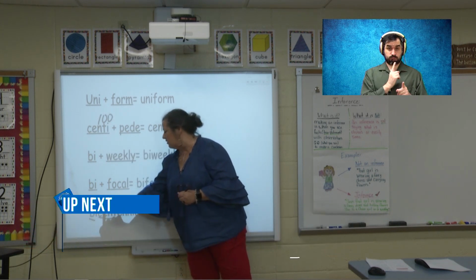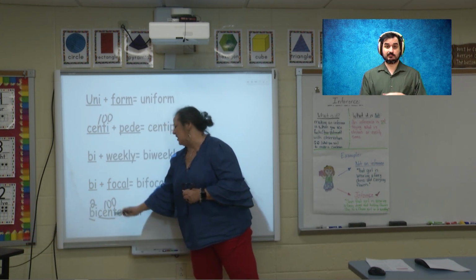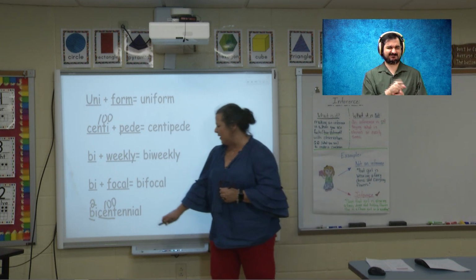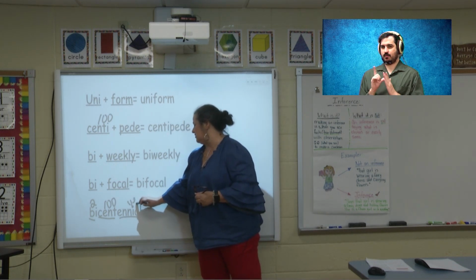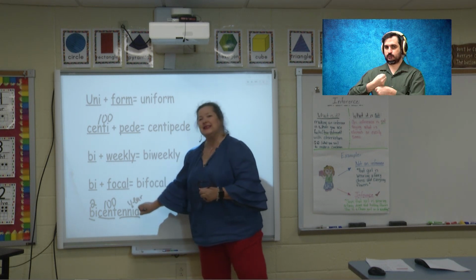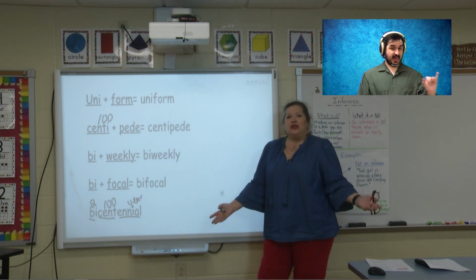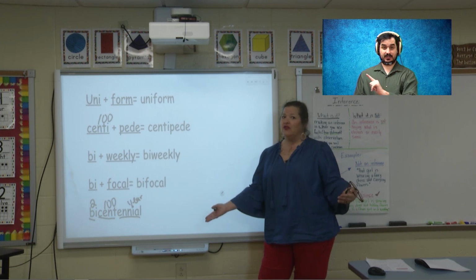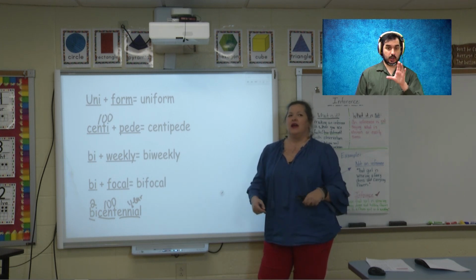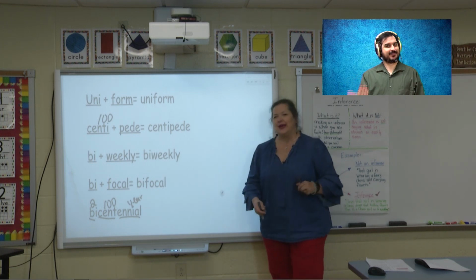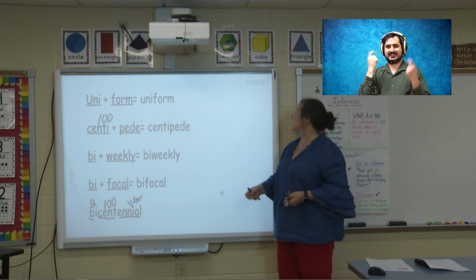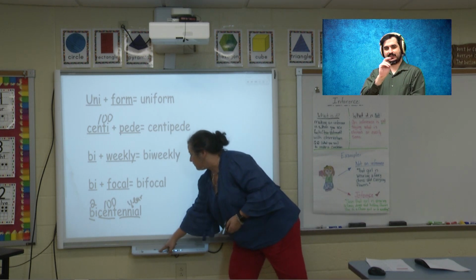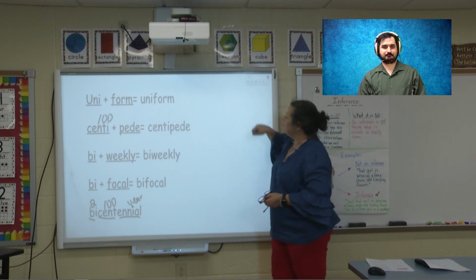So here it's 100. All right, we haven't talked about ennial yet. We might, which that would be years. So bicentennial would be 200 years. I know none of you were alive back then, but in 1976 we celebrated our bicentennial.